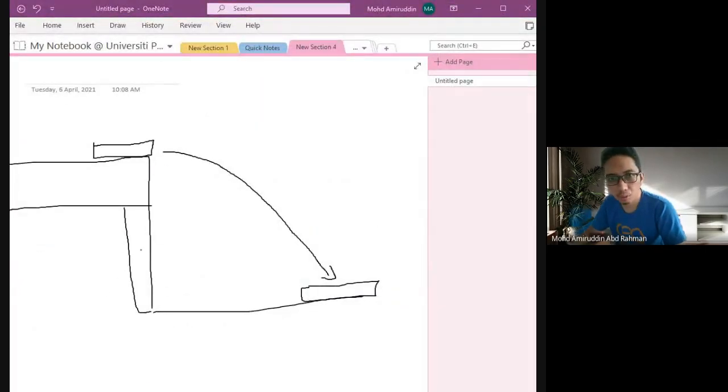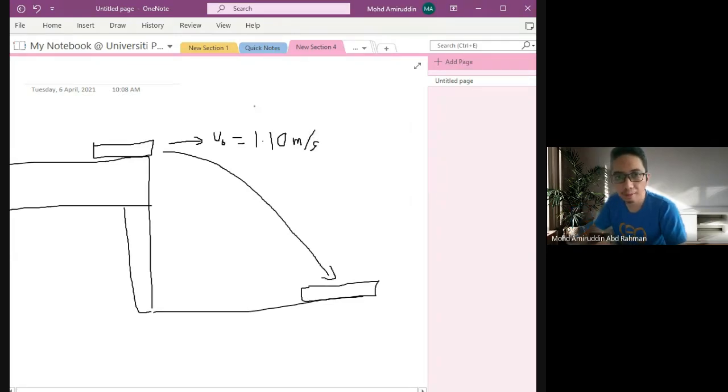All right. So you have the information given that the speed, initial speed, will be v naught, so 1.1 meter per second.